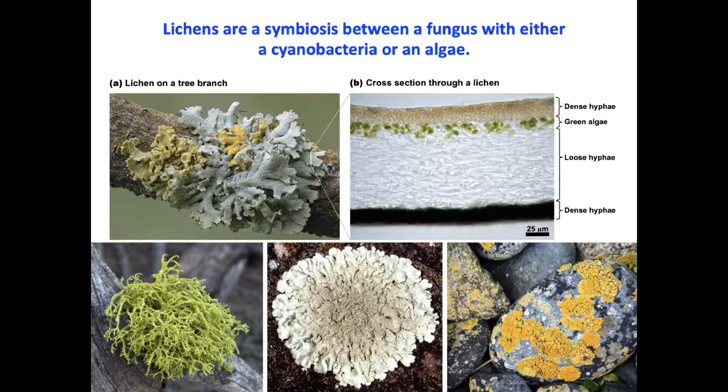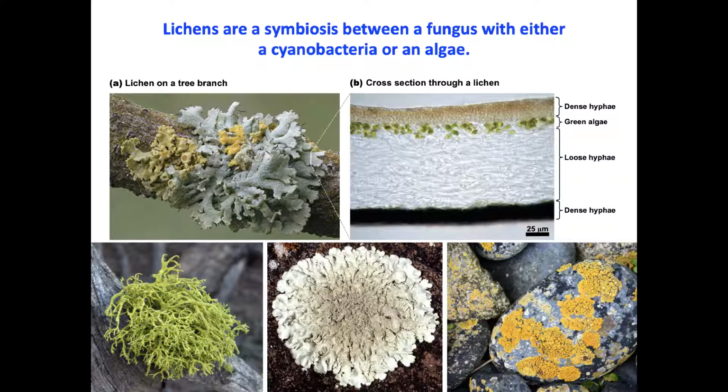The nutritional growth, or the carbon source for the fungus, comes from photosynthesis by either a green algae or a cyanobacteria. They have very different forms and shapes, as shown here on these images.